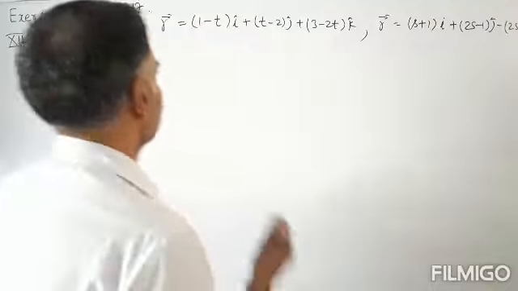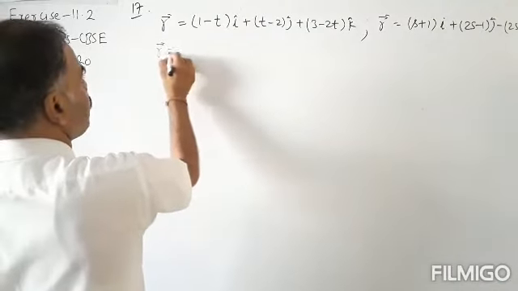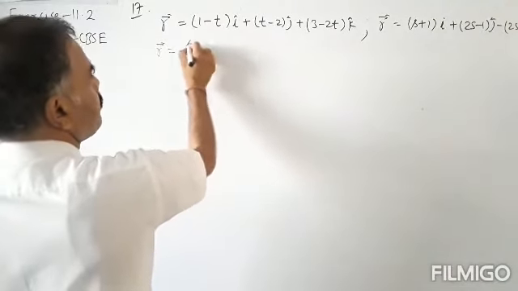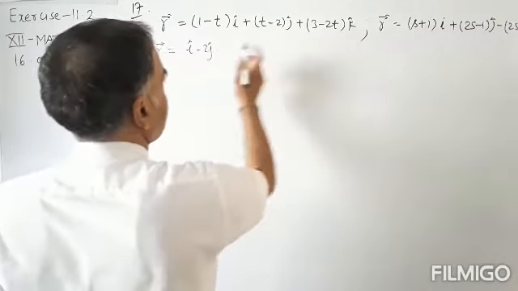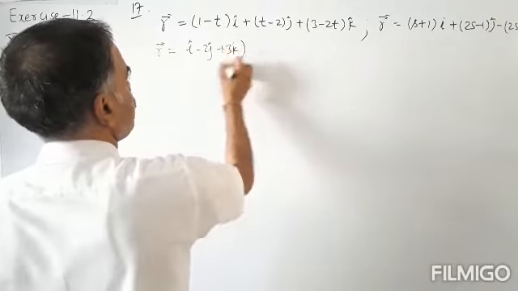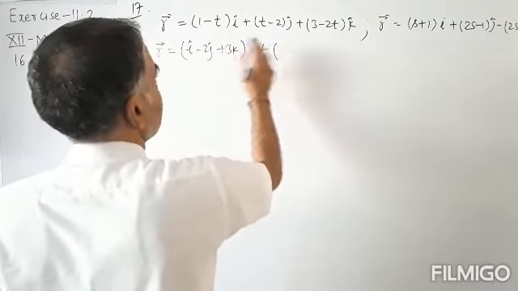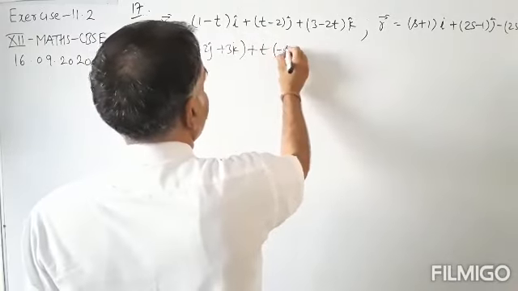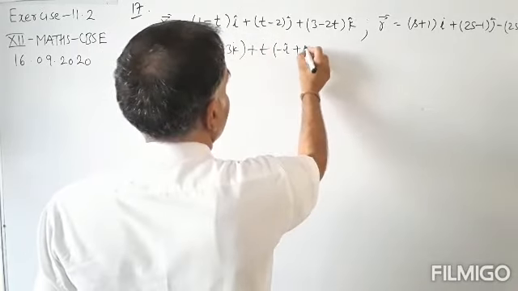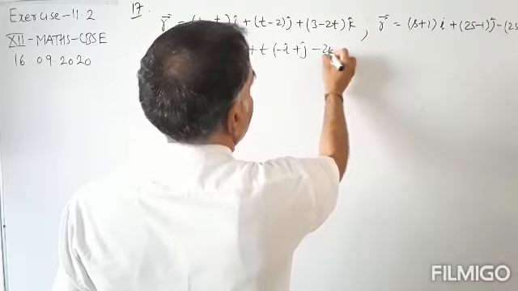So r vector equals i cap minus 2j cap plus 3k cap plus t times (minus i cap plus j cap minus 2k cap).